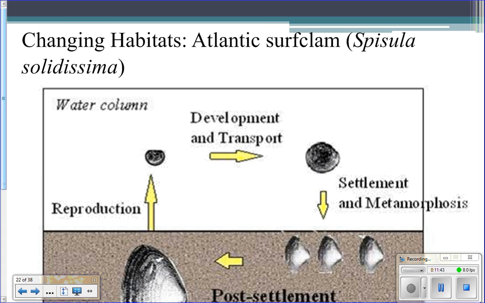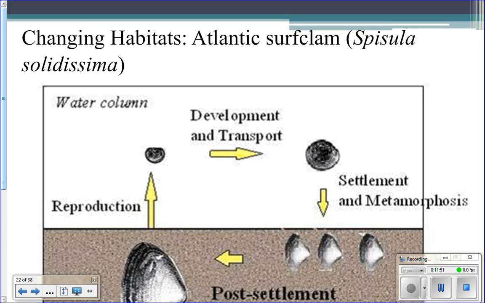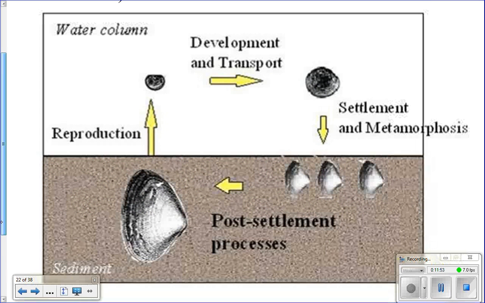Organisms are hard to classify based on where they live because they can actually change locations. So for example, this is Spisula solidissima, the Atlantic surf clam. You can see this tan part down here represents the sand. And right here, this would be the adult phase, and that adult form is benthic.